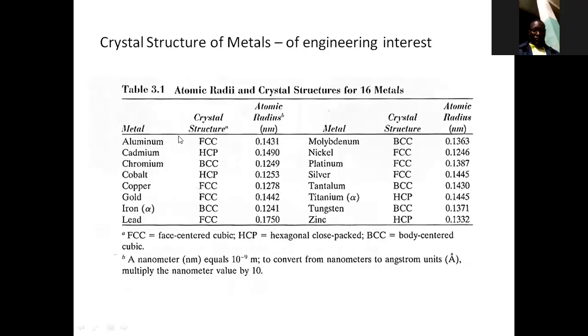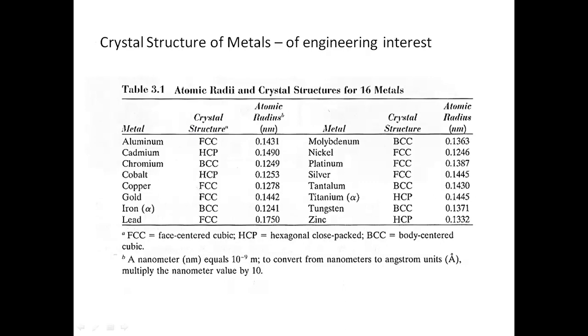So for aluminium, for example, this table here, it's also found in your Callister book, your recommended literature, there's Callister textbook there. So aluminium is face-centered. Okay, it has a face-centered cubic crystal structure. Cadmium is HCP, chromium is BCC, HCP is hexagonal closely packed crystal structure.